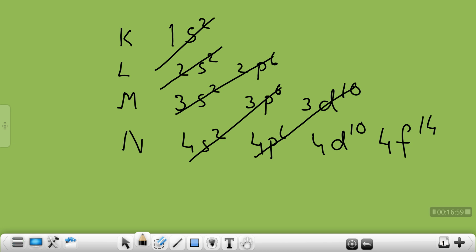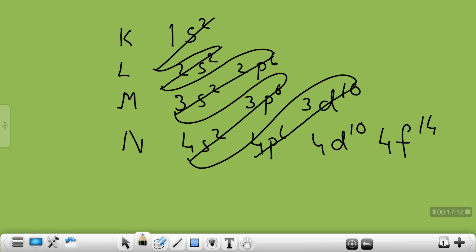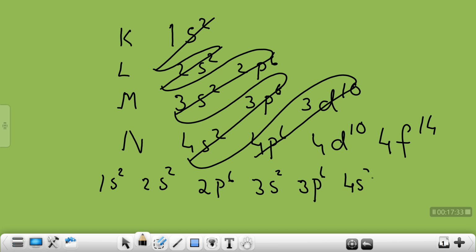And see the increasing order of energy. First 1s2, next 2s2, next 2p6, then 3s2, then 3p6, then 4s2, 3d10.